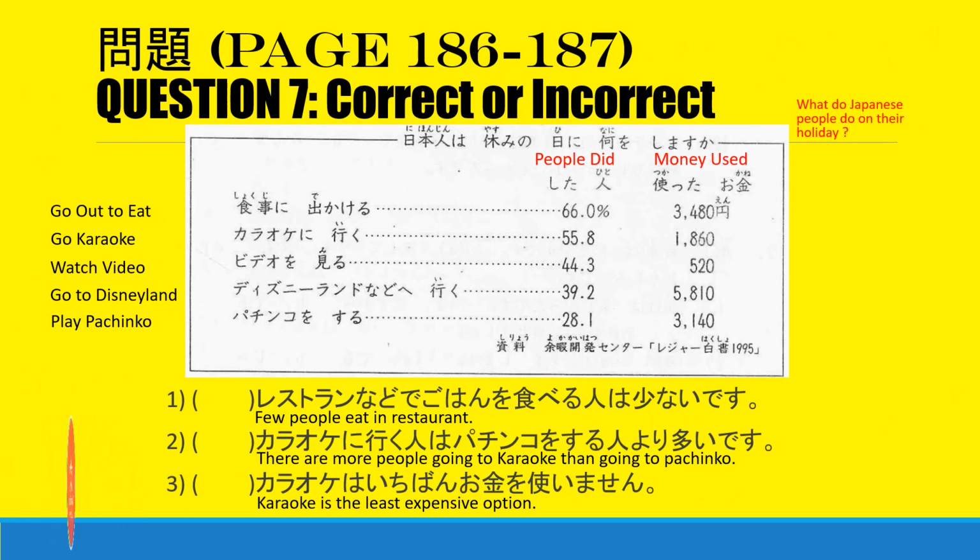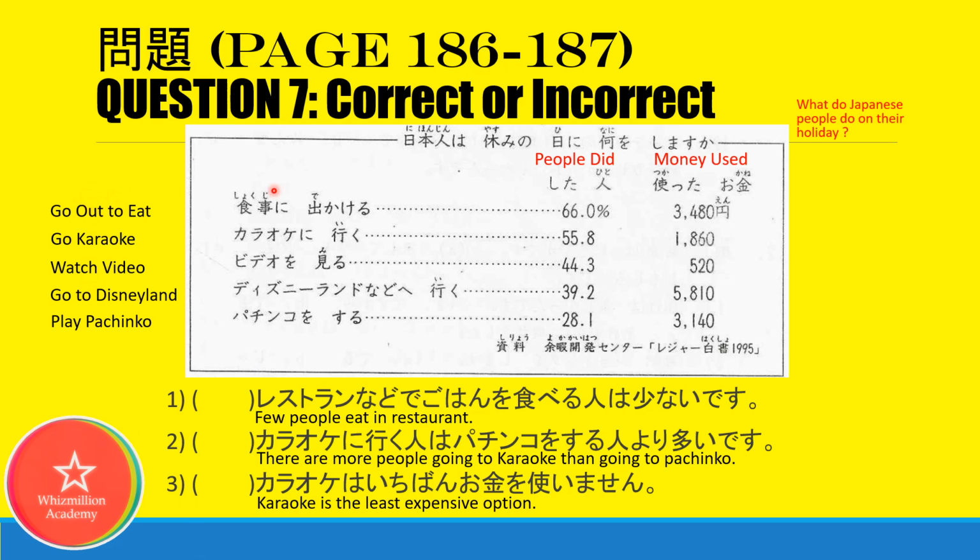Question number 7. Over here we are supposed to state whether the statement made in question number 1, 2, and 3 is correct or incorrect. Okay? This is a record of what Japanese people do on their holiday. 日本人は休みの日に何をしますか? Right? What do they do? And these are the activities here.